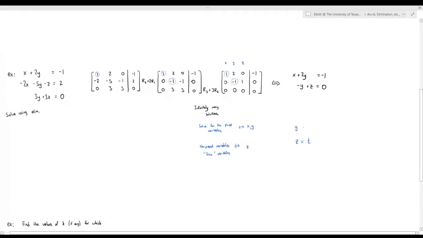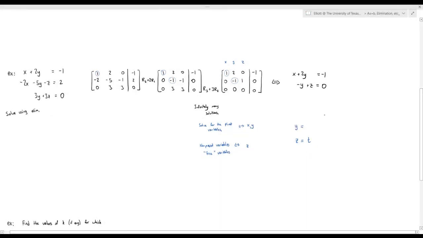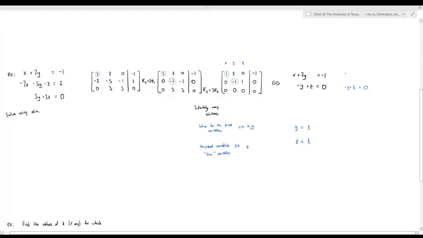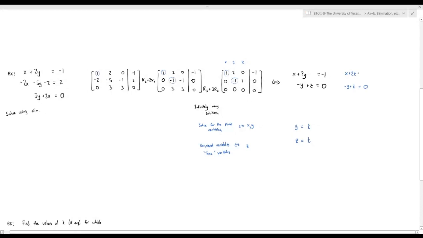Now from there, I want to substitute this into the equations for z. So we're doing back substitution, if you will. So substitute for z. Here we're going to get y must be equal to t. And then if we sub this into the first equation, we're going to get x must be -1 minus 2t, okay?